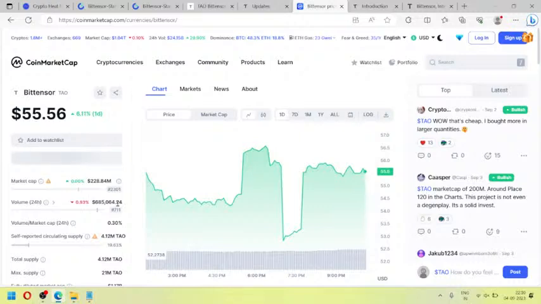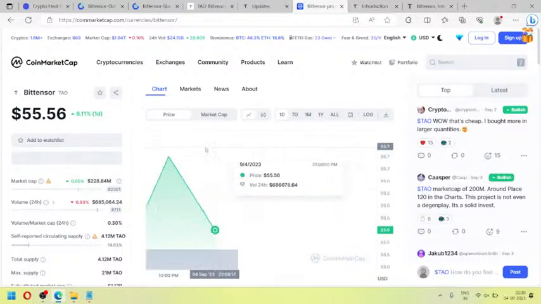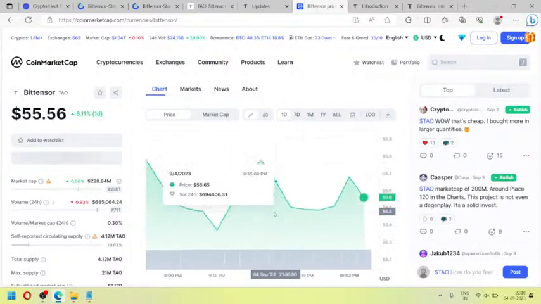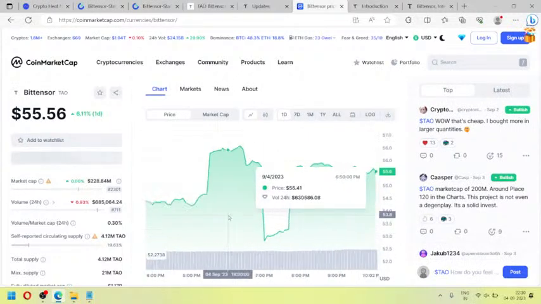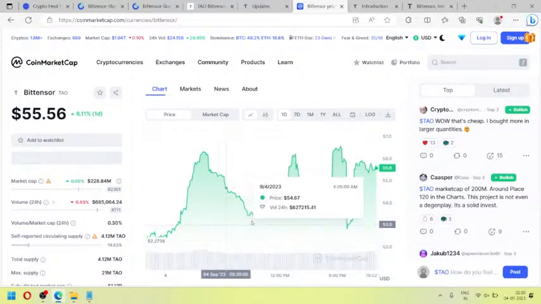This is the Bittensor price. You can say from launching, it is almost 53, above 50. We can see the Bittensor price.